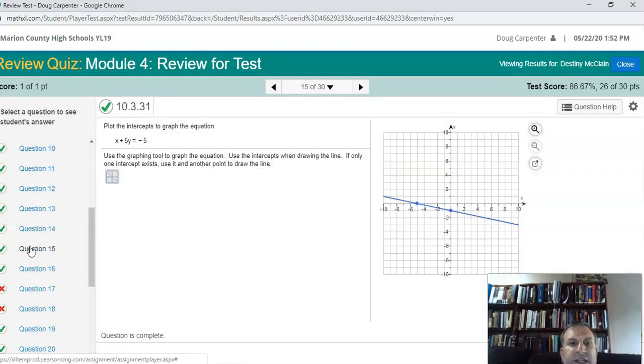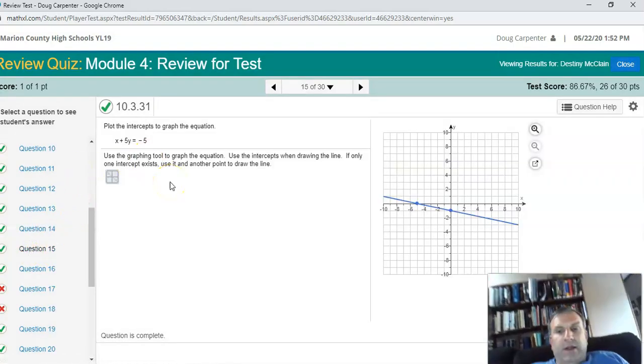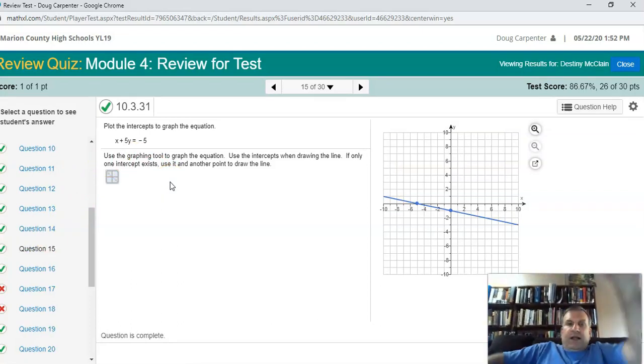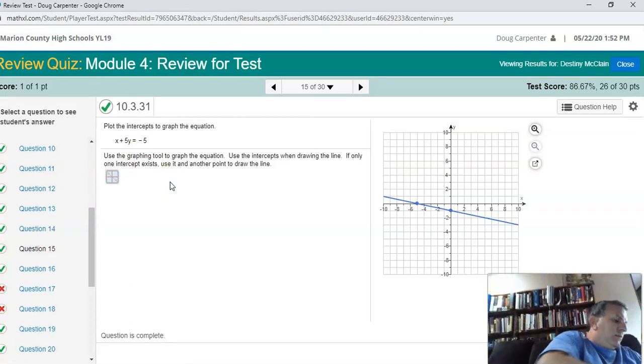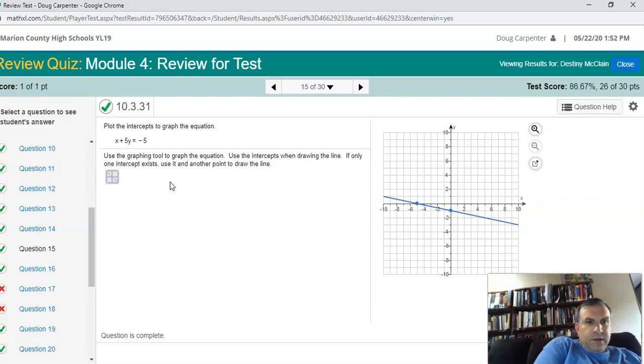And 15. I have to create the line for this. So x plus 5y equals negative 5. I'm first going to subtract the x.